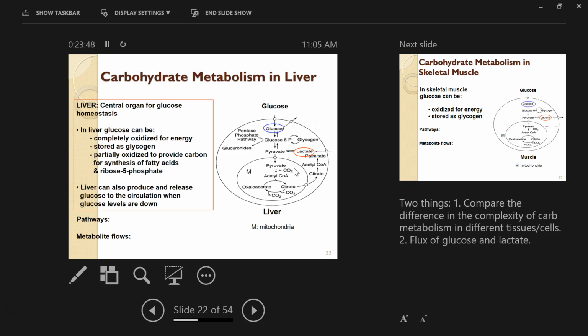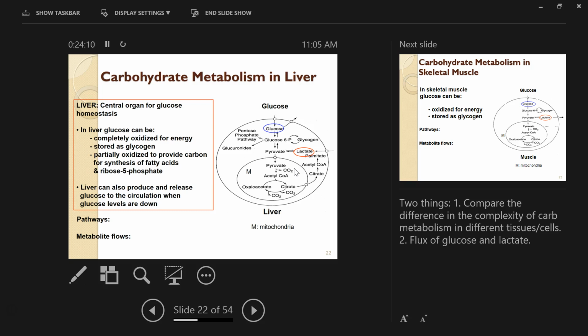Liver is the central organ, or metabolic hub, of glucose, because liver expresses almost all types of enzymes that regulate all five different metabolic pathways of glucose metabolism.